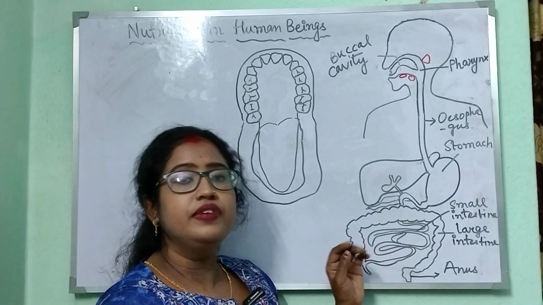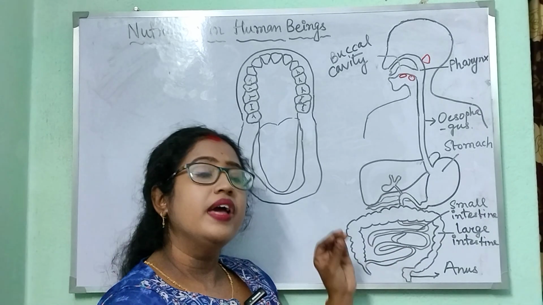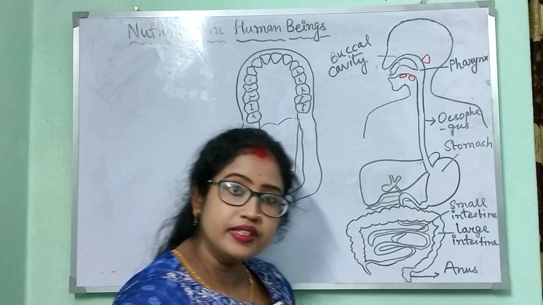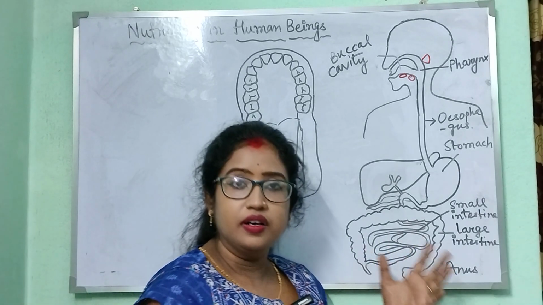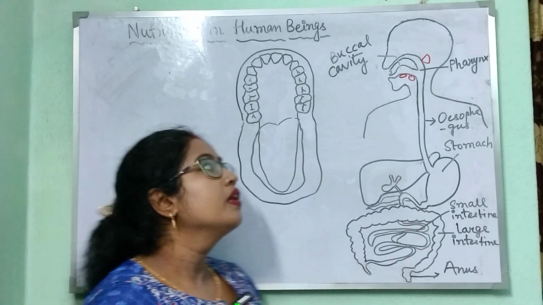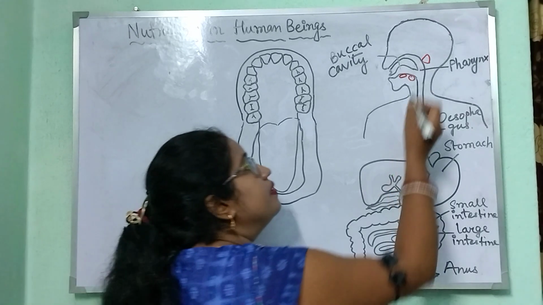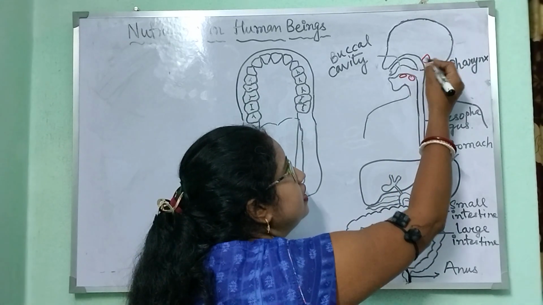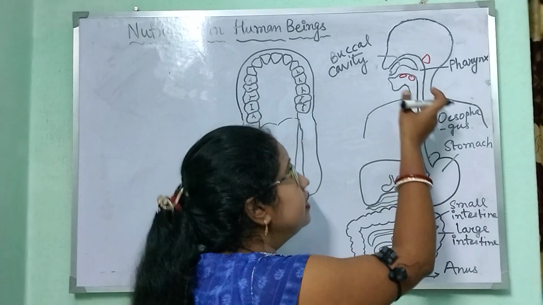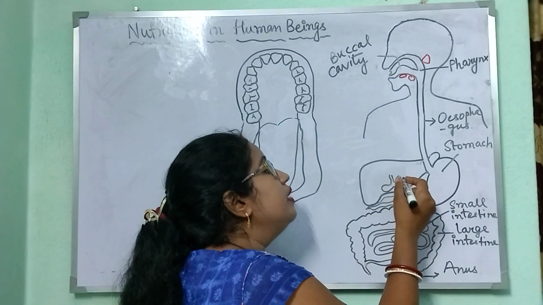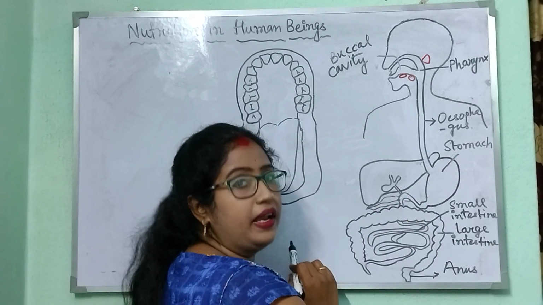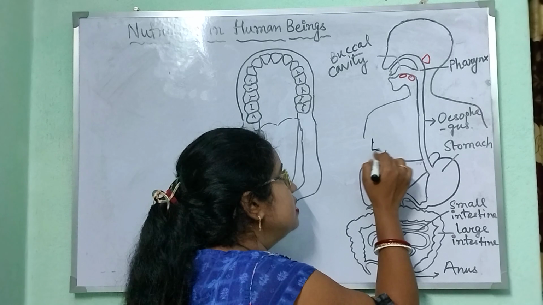Apart from this, we have some extra or supportive, or rather I should say accessory digestive parts also. That includes the salivary glands. We will discuss them later in detail. Then we have the liver, gallbladder and pancreas.